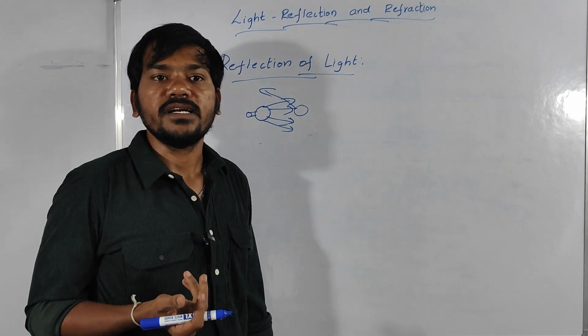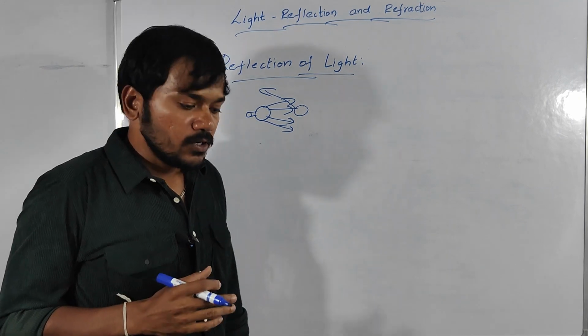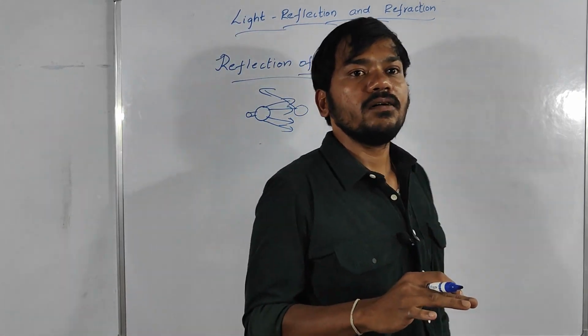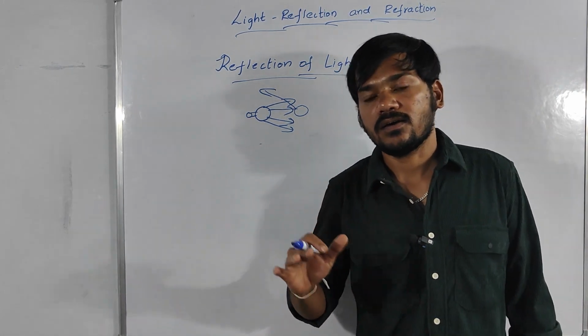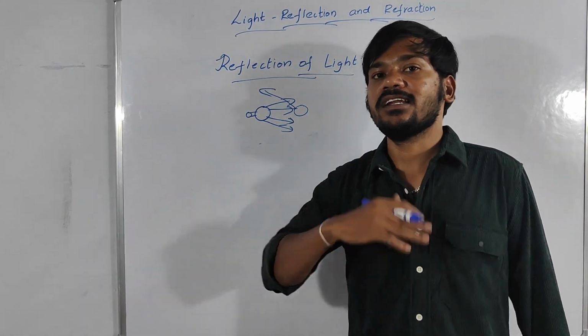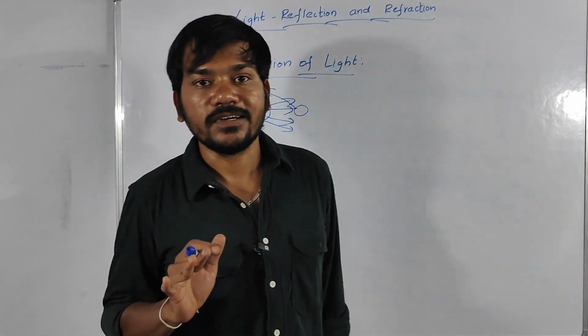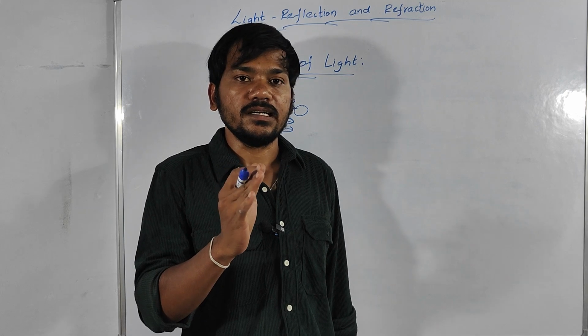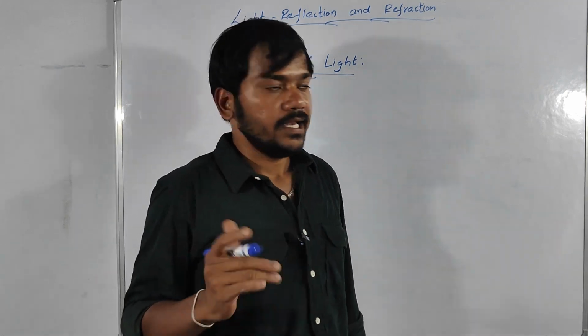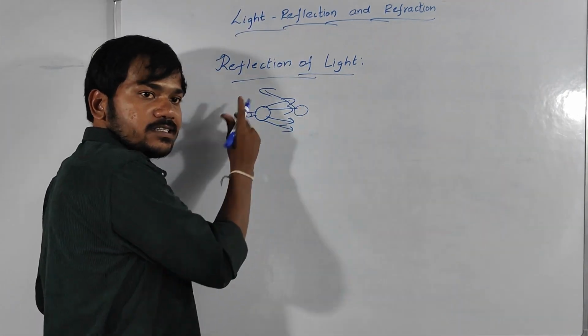Why did we mention medium? Because when there is a change in media, when light is trying to travel, if there is a change in media, then it becomes refraction, and that we will study in further videos. Again, coming back to reflection.